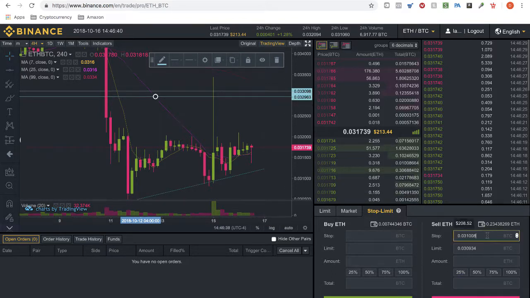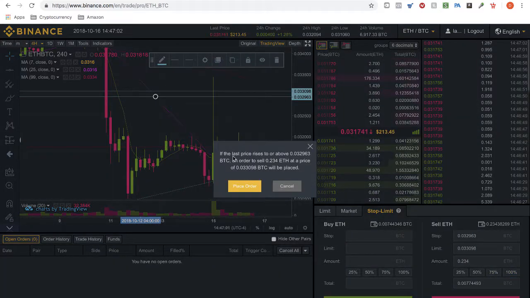For this example, the stop or the trigger would be 0.032963. The real limit or the actual order would be 0.033098. The amount would be 100%.